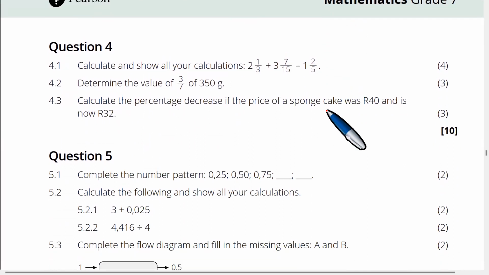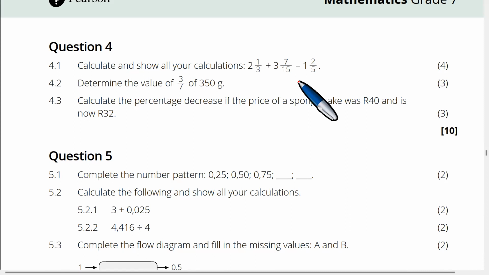Right, calculate and show all your calculations. Now, this one is 4 marks. 2 and 1/3 plus 3 and 7/15 minus 1 and 2/5.